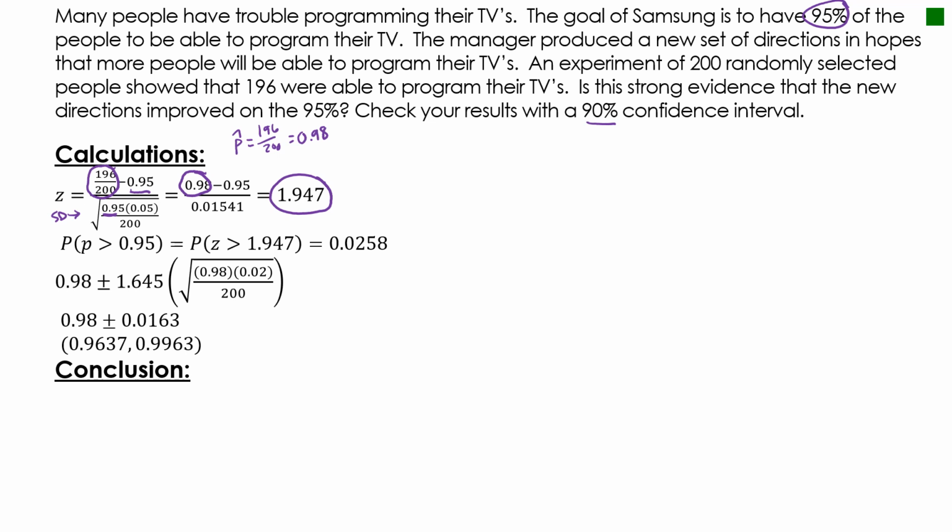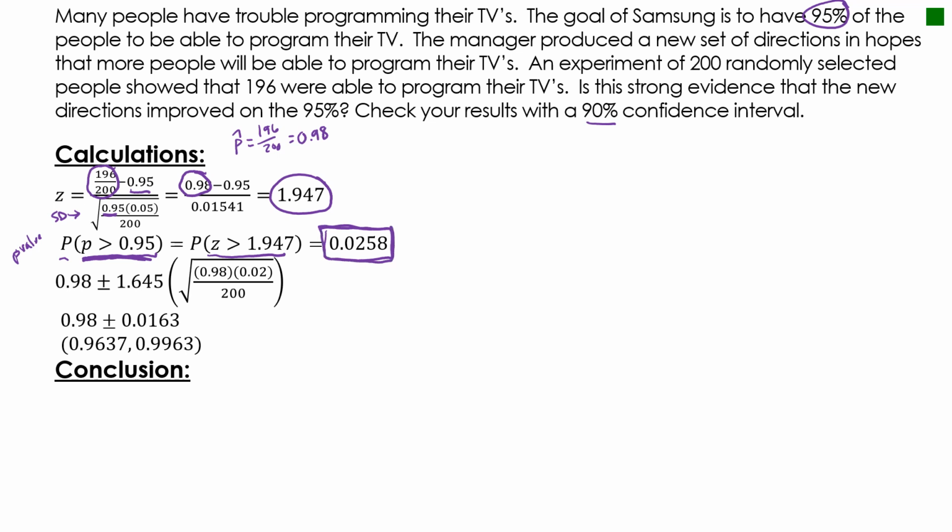Then this is where I would pop over to StatCrunch to find the p-value. The way that I write that notation, I'm saying the probability that p hat is greater than 0.95, which was my alternative hypothesis, is equal to the probability that z is greater than 1.947, and all of this was done in StatCrunch.